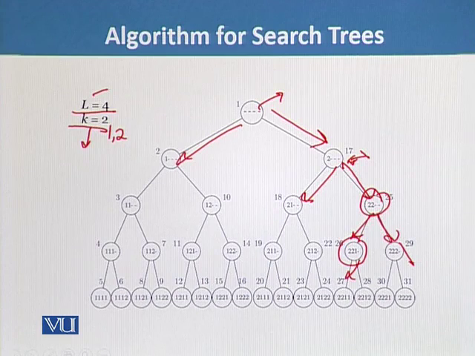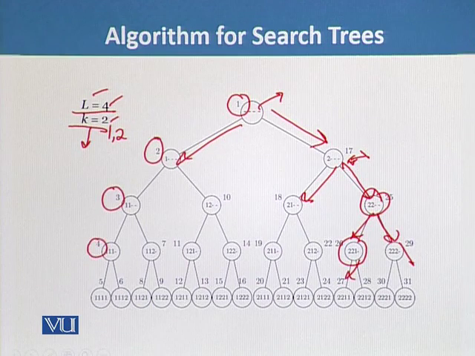The sequence of vertices that this pre-order algorithm would return on the tree of L equal to 4, K equal to 2, we can see here when we read this tree, so root is number 1, then number 2, 3, 4 and 5, and we get the various types of strings.